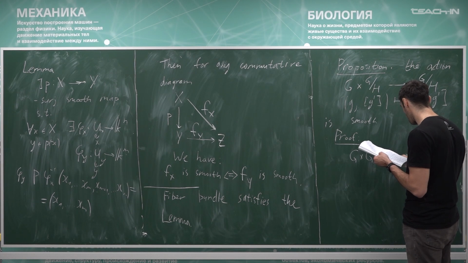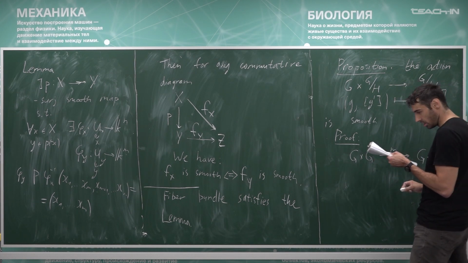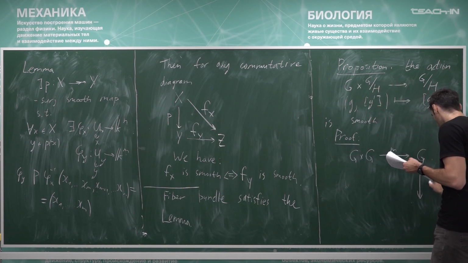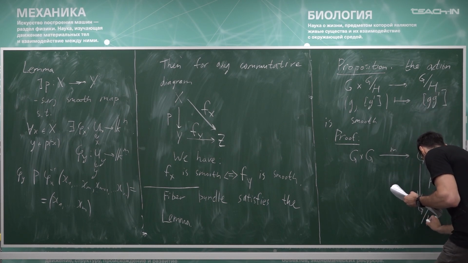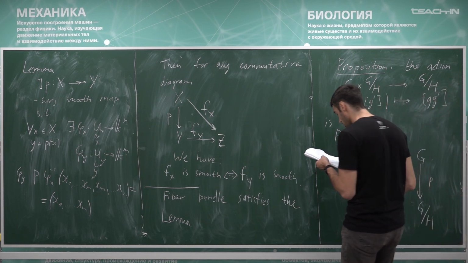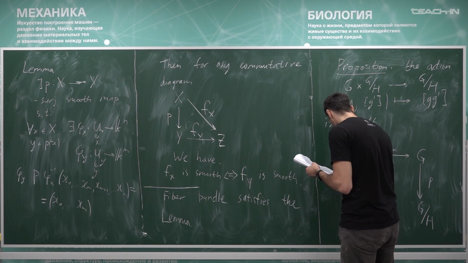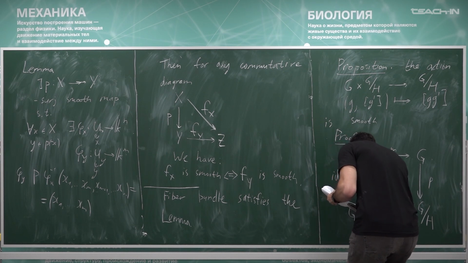We can apply multiplication map and get to G. From G, we can by P get to the quotient, G quotient by H. Then from here, by identity times quotient, we can get to G times the quotient.